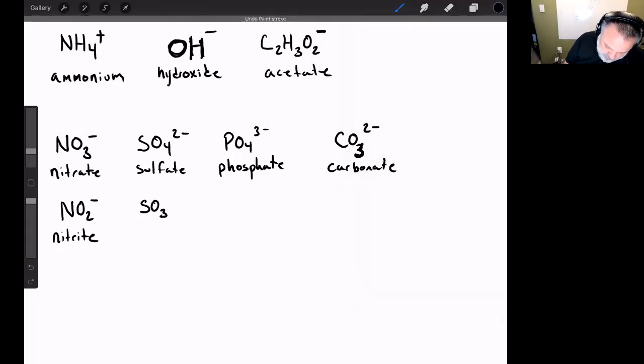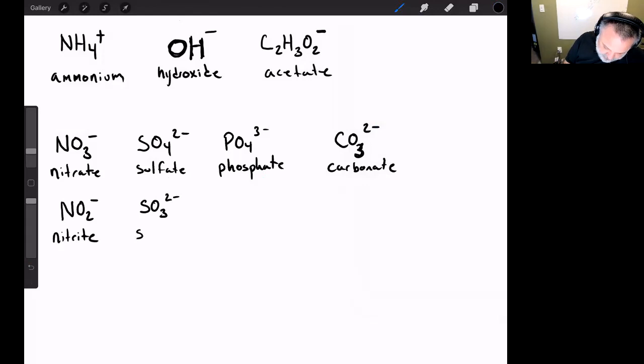SO3 2 minus is sulfite. PO4 3 minus is phosphite.